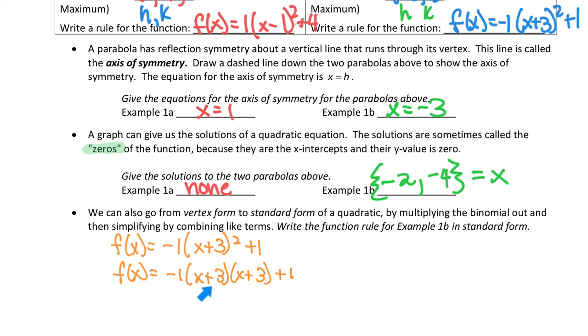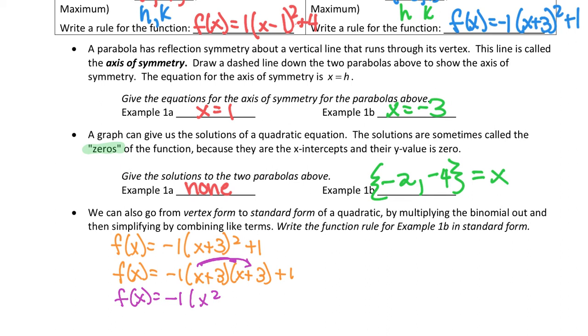Now some of you might like to do the box method. Some of you might like to do distribution. Whichever your preferred method is, you're going to go ahead and do that here. And I think I'm going to go ahead and use that double distribution. Because this negative is in the front, I'm going to keep that negative 1 there. I've got x squared.